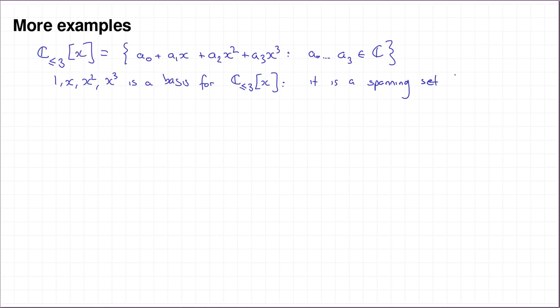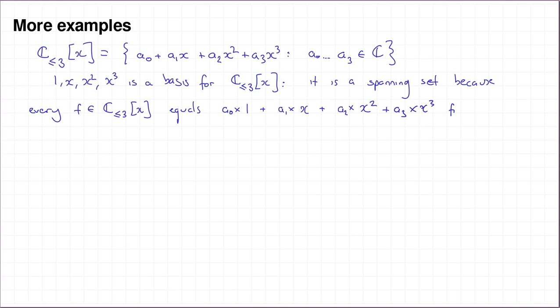It's a spanning set because every element, let's say f in C less than or equal to 3 of x, equals a0 times 1 plus a1 times x plus a2 times x squared plus a3 times x cubed for some a0 up to a3 in the complex numbers.